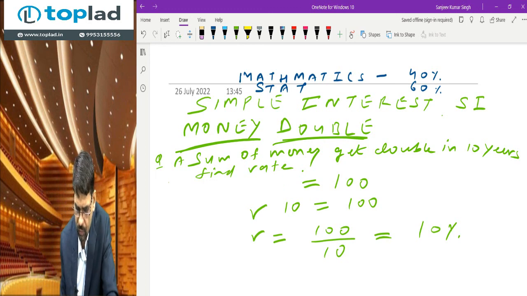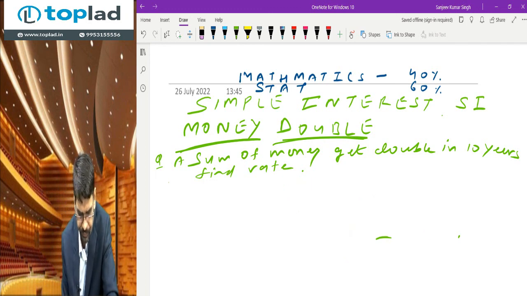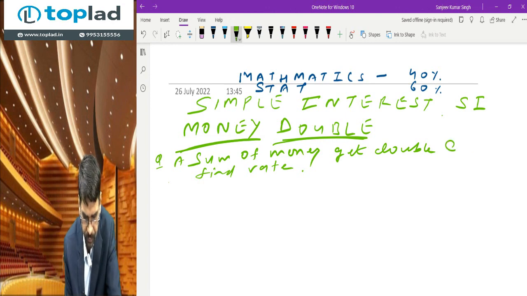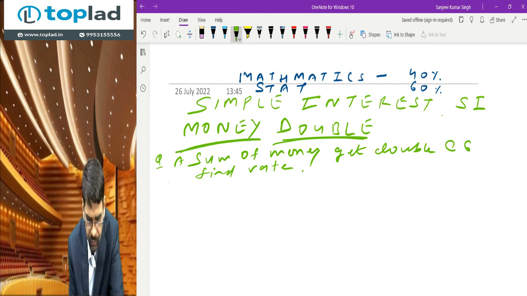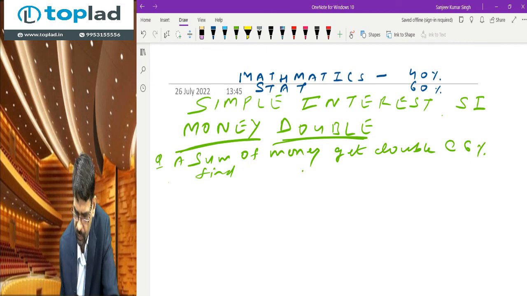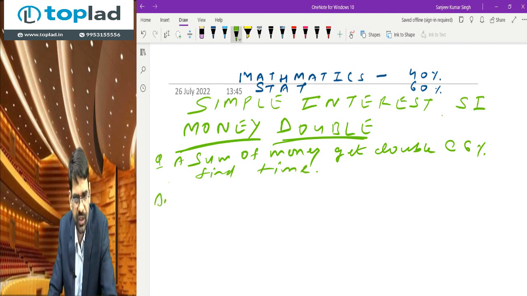So now another question. A sum of money gets double at the rate of 6%.